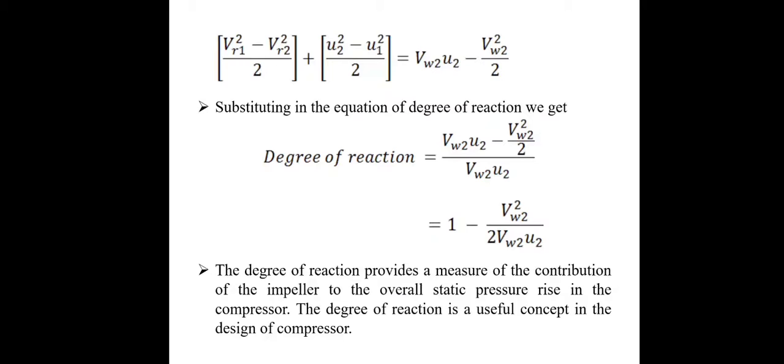Substituting this in the degree of reaction, we get the degree of reaction equal to (VW2 U2 minus VW2 square by 2) divided by VW2 U2, and the final equation becomes 1 minus VW2 square divided by 2 VW2 U2. So this is the equation for degree of reaction.